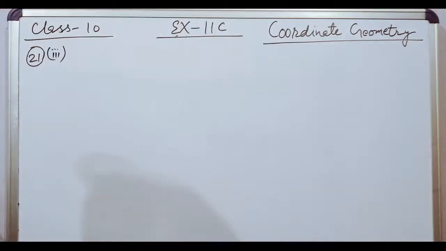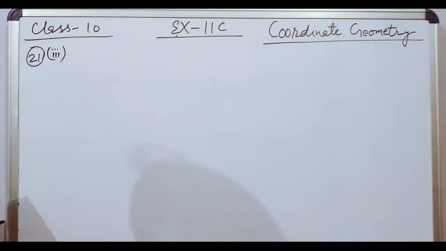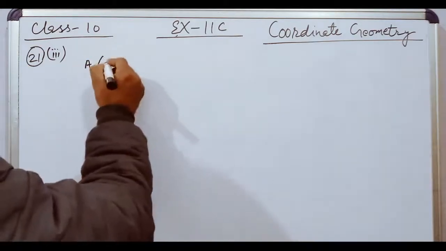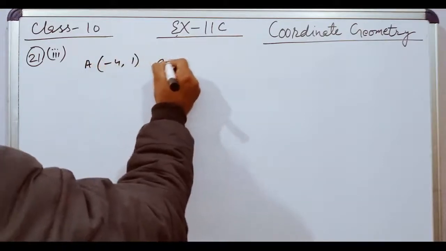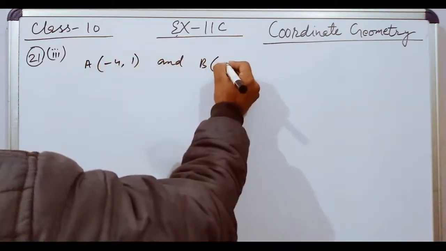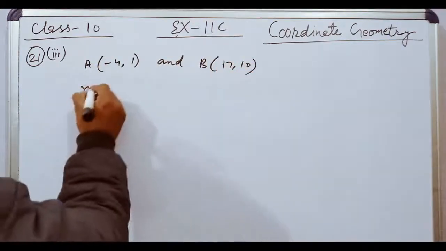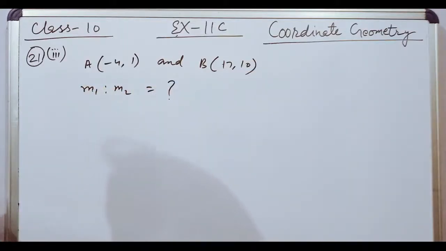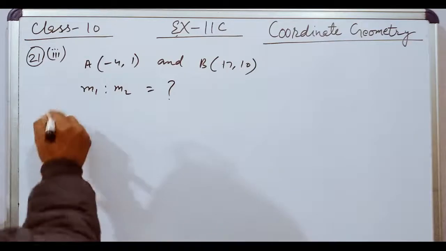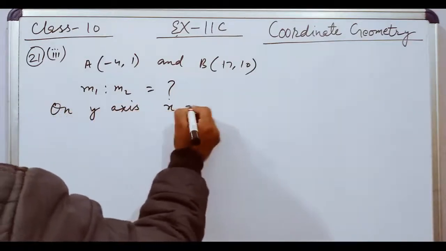Now the third part of question number 21. In what ratio does the y-axis divide the line AB? AB means A (minus 4, 1) and B (17, 10), and we have to find m1 is to m2. On the y-axis, x equal to 0.